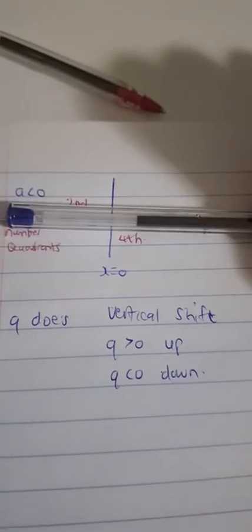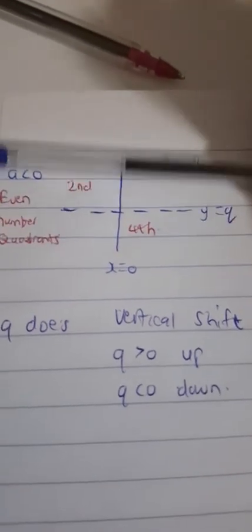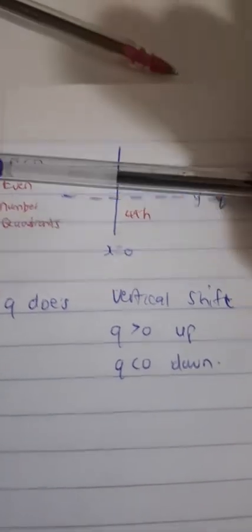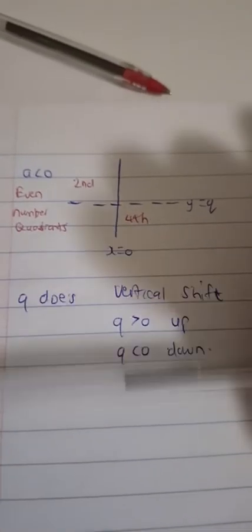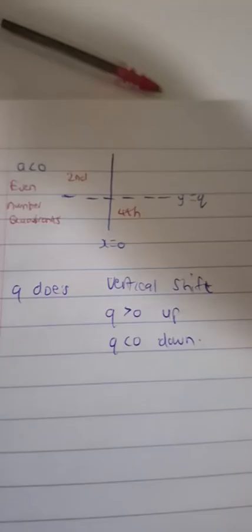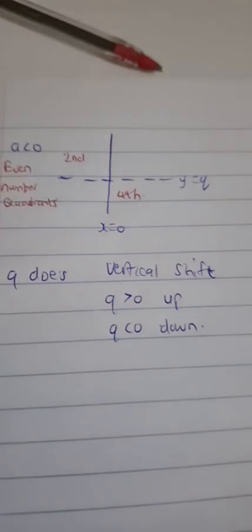Because you can imagine, if this is the horizontal line, the minute we add to the Q value, we're moving the entire function up. The minute we subtract Q, we're moving the entire function down. So you see, Q seems to be involved in vertical shifting, whether it's a hyperbola function or a parabola function, and even your straight line function, and even your exponential function.